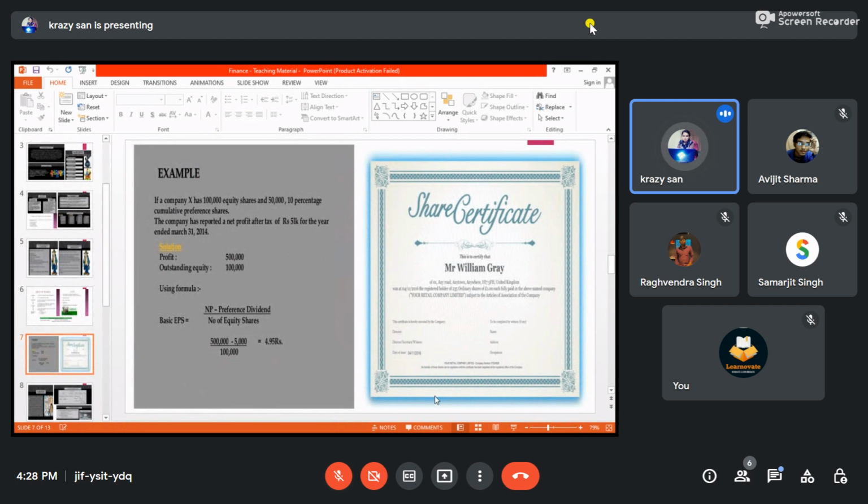Suppose a company X has 1 lakh equity shares and 50,000 10% cumulative preference shares. The company has reported a net profit after tax of rupees 5 lakhs for the year ended March 31st, 2014. Now, how much profit has the company earned?